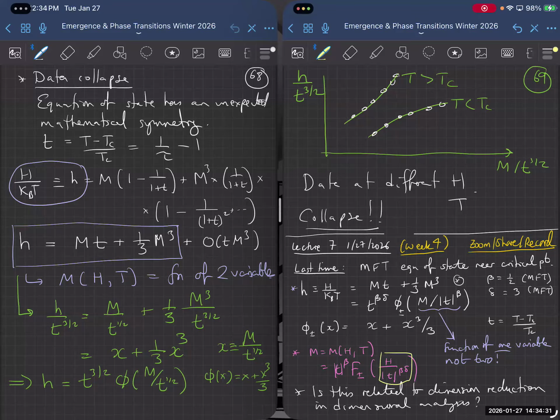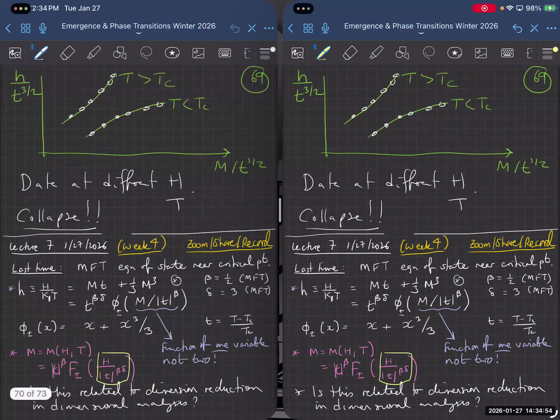It looks like the idea that we can reduce the dimensionality of a problem by expressing it in dimensionless terms, and then one of them disappears, and we are in this reduced dimension where, instead of two variables, everything now depends on just one variable. So that's where we ended last time.